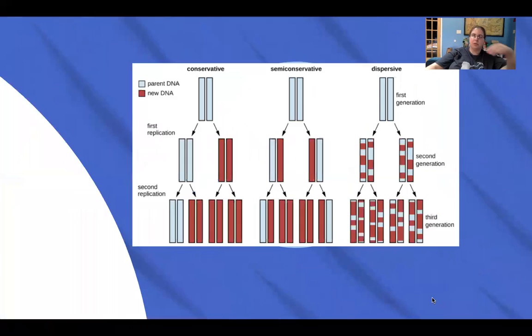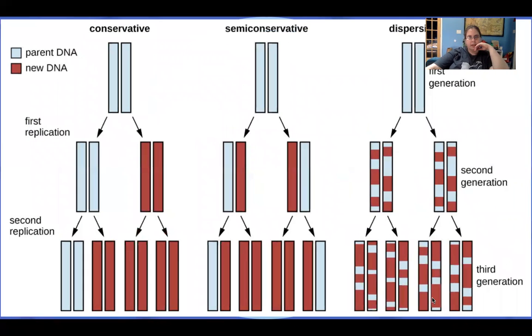Let's talk about those three models. For a while, there was confusion as to how exactly they did this. These were the three hypothetical models of how DNA was able to replicate itself. The first one said that in the conservative model, the parents separated, they were used as a template, and then the two parent strands came together and the two daughter strands came together.